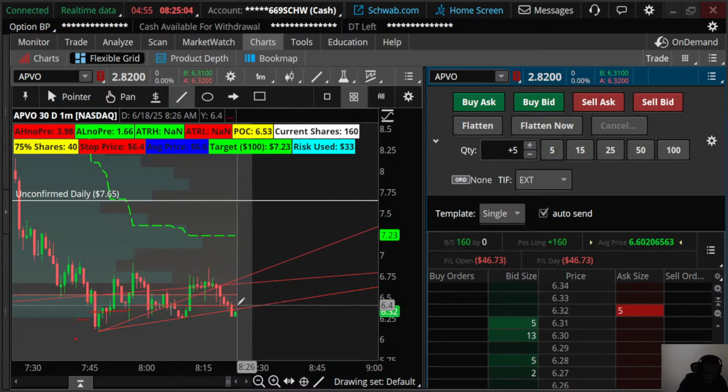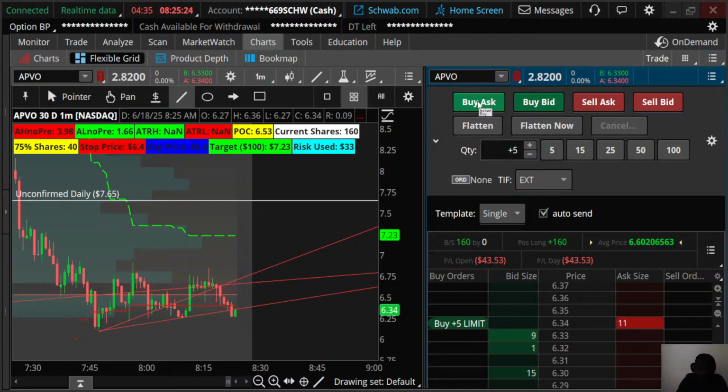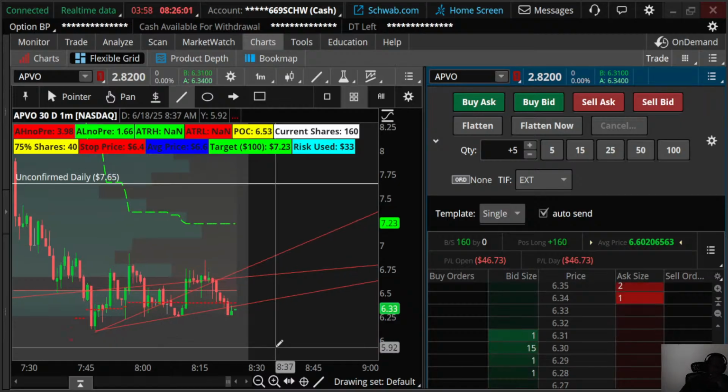Okay. Can we come back above this level of the 640s? $6.36. 4 minutes left. Okay, higher low there.